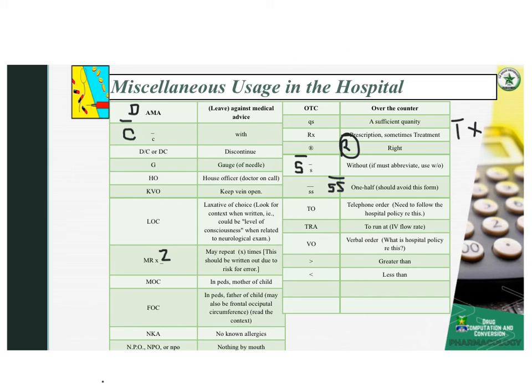Your VO is a verbal order. So, depende po ni siya sa policy sa hospital kung i-use ba nila ning abbreviation ng VO. So, verbal order kanang mga order ni doc para sa pasyente nga wala gisulat, wala gitawag, giingon ra niya verbally.